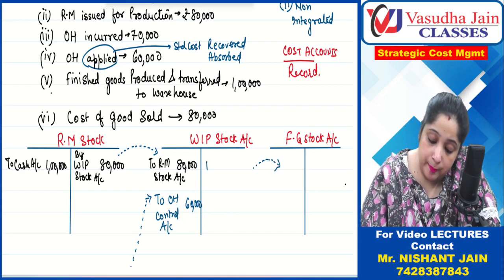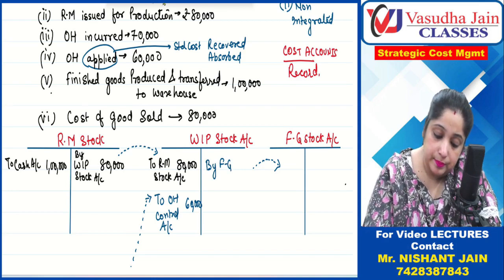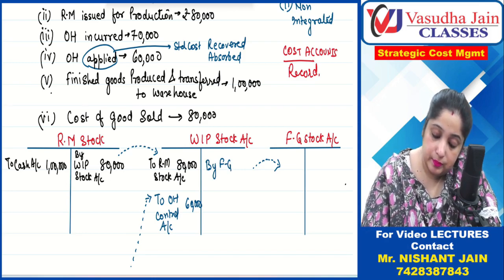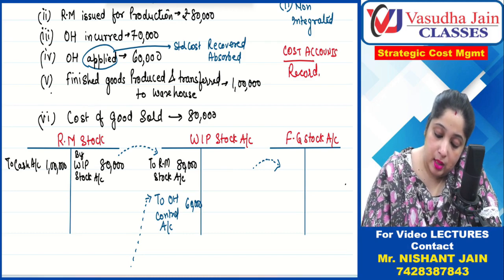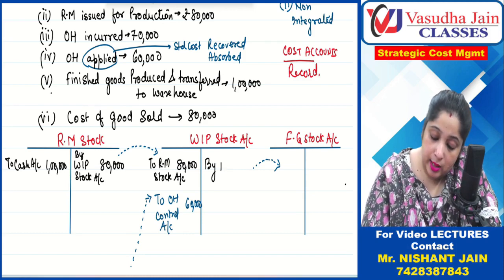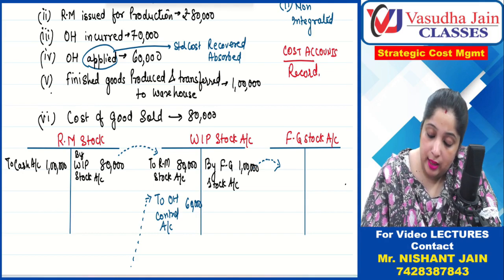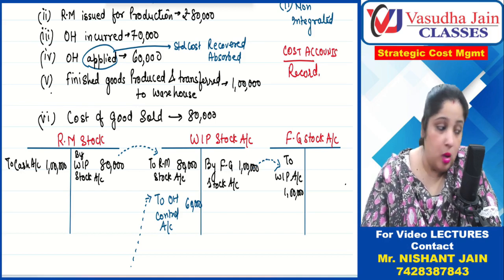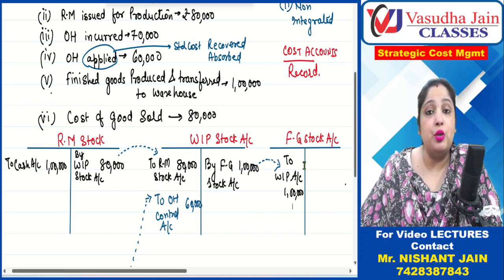I will write here by finished goods stock account, and I'll write here 1 lakh. Now my stock is getting transferred here, and I'm going to write to work in progress account, 1 lakh.